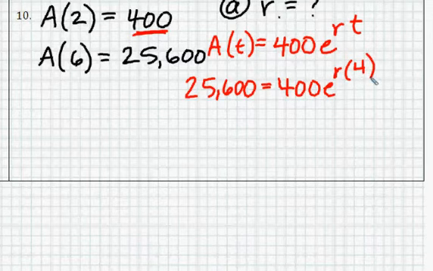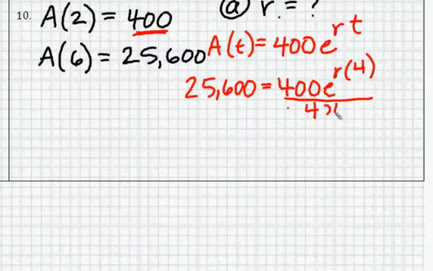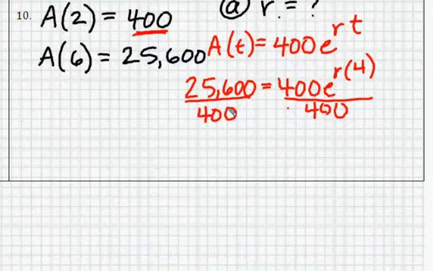Now I have enough information to solve for R. So I'm going to divide by 400 on both sides. That gives me 64 is equal to E to the 4 times R.